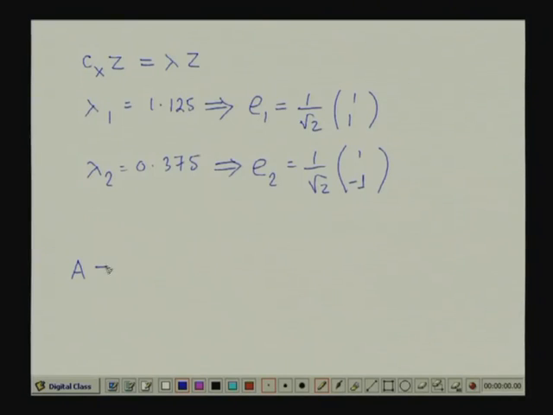So, in this case, the transformation matrix A will be simply given by 1 upon root 2 into 1 1, 1 minus 1.